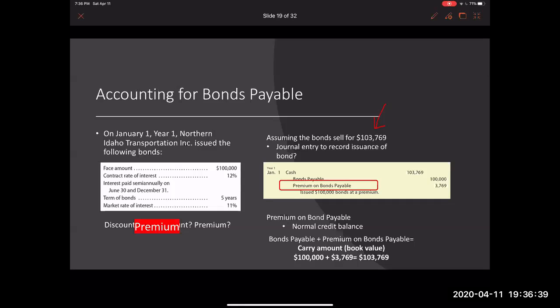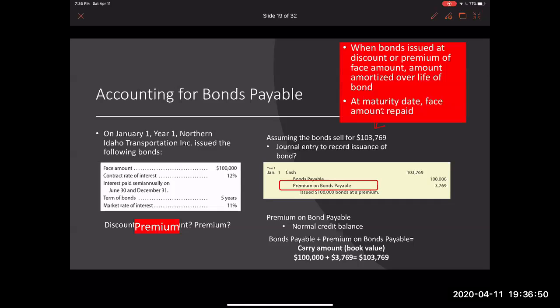And so similar to what we did for the bond discount, whenever you have a bond payable, if you add that to the premium, that will be your carrying amount, okay? So just as a reminder, when a bond is issued at a discount or a premium of the face amount, the amount will be amortized over the life of the bond.